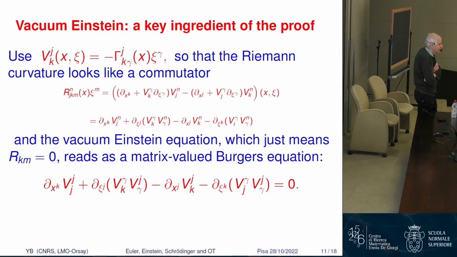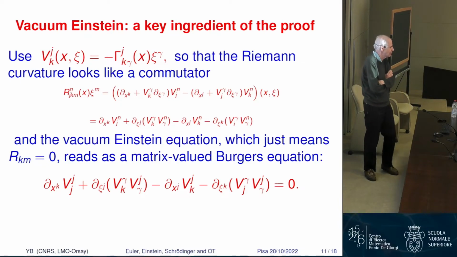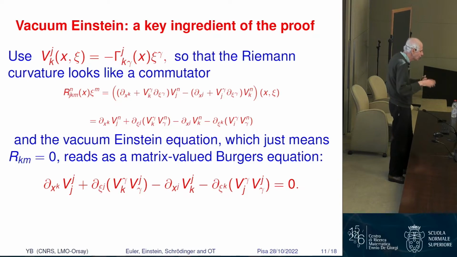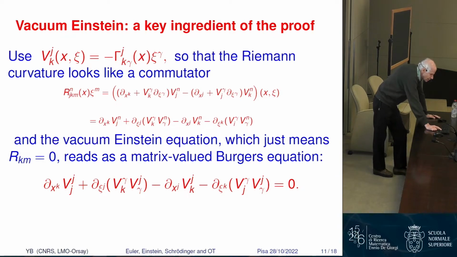There's a standard way to do this. Ah, yes, I see what you mean, because this is really the tangent bundle, not the cotangent bundle. There is a lot of discussion about how this fits with covariance requirements. This is not very clear to me, but anyway, let me continue.